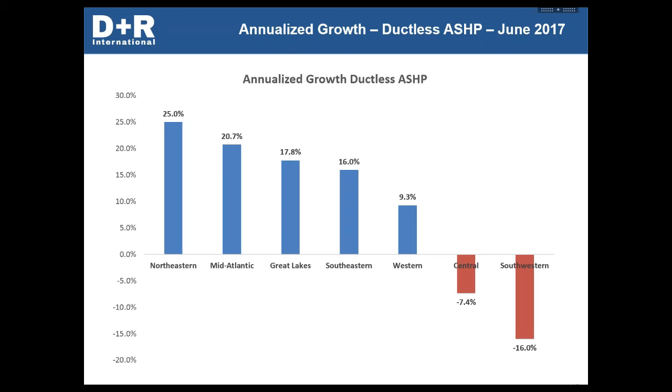Part of that decline is, as I mentioned early, the central region in particular had one of the fastest growing rates for this product through 2013 and 2014. So I view this as a bit of a rebound and not an overall trend at this point. To put some numbers onto that, it was in the 20+ percent growth rate for several years.